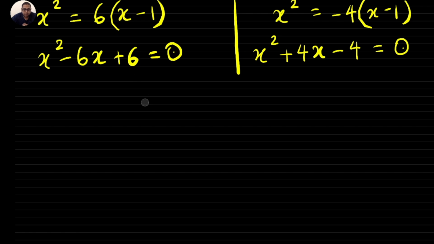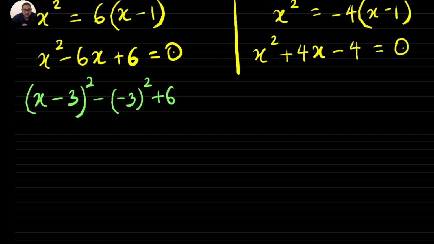In order to solve the two quadratic equations, I will proceed with the completing square method, and for that, the middle term should be divided by 2. So the first quadratic equation would now become (x minus 3) squared minus, always minus, and then the same term should be squared. So we have minus 3 squared plus 6 equals 0. And this would now become (x minus 3) squared.